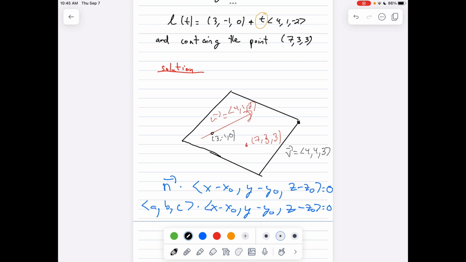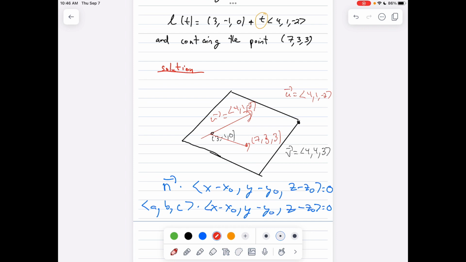Okay. So we've got two vectors, v and u, which was (4, 1, -2), and that came from the vector in the line. If you multiply these two vectors by any real numbers and add them together, that's what we call the span, and that span would produce this plane. Now, what's so important about that?